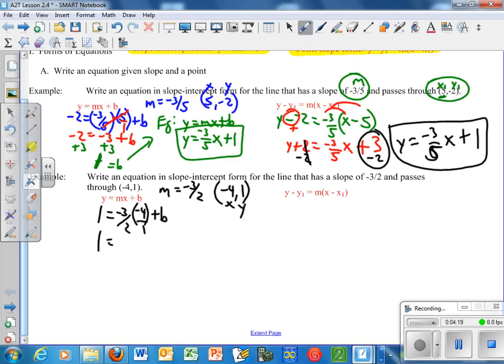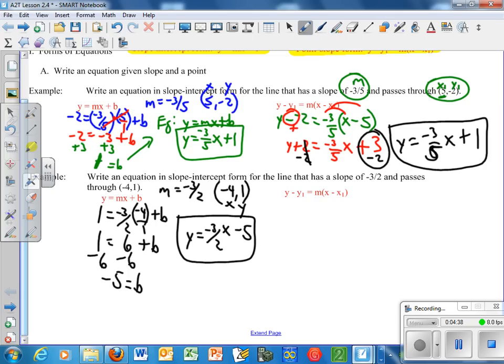I would get 12 over 2, but that reduces to 6, so it's 6 plus b. Now I subtract 6, so b is negative 5, which means my equation is y equals negative 3/2 x, and then my y-intercept is negative 5. So that's doing it using slope-intercept form.